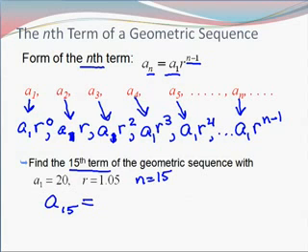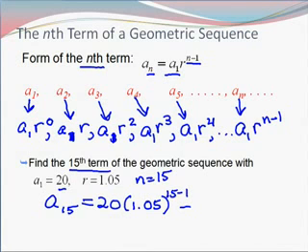That's going to equal a1, which is 20, times r, 1.05, raised to the n minus 1 power, so 15 minus 1. And that is going to equal about 39.599. So that is the 15th term of this geometric sequence.